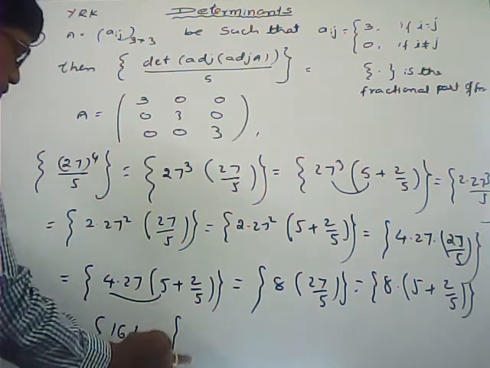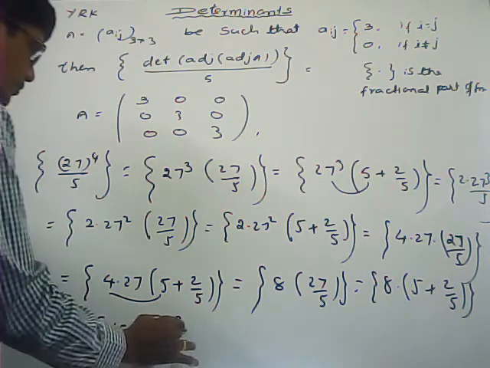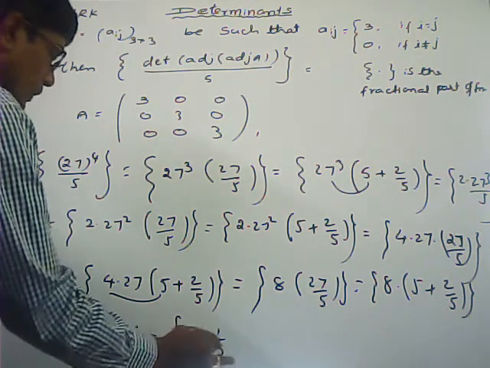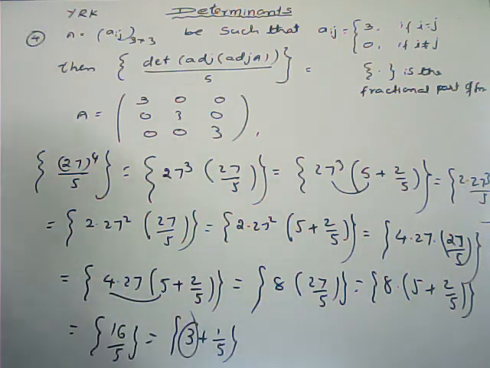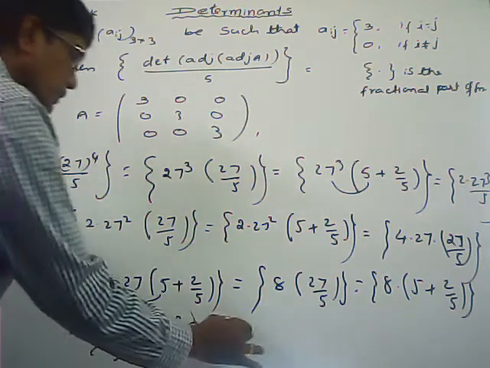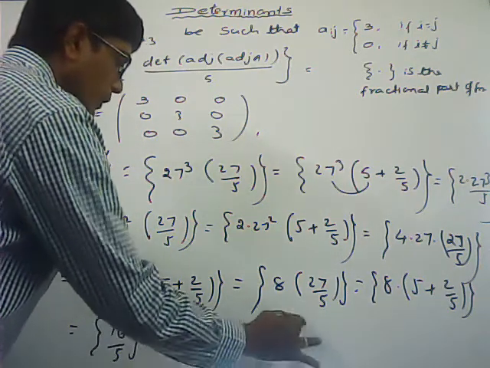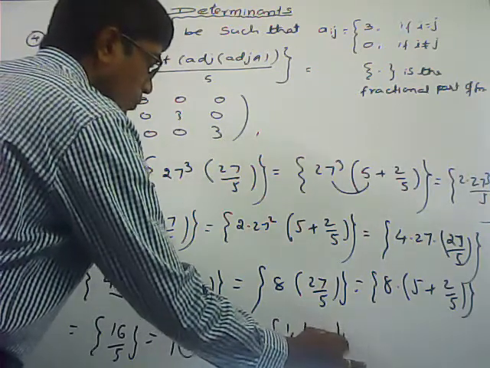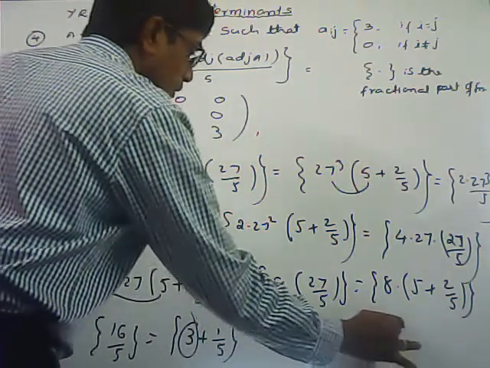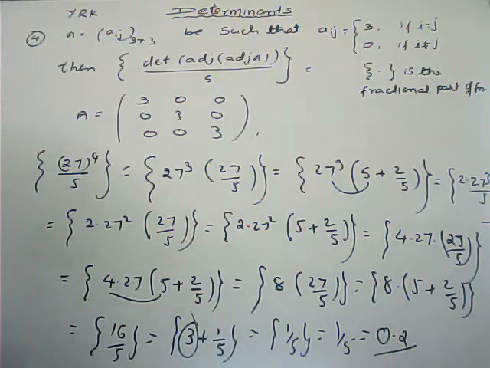That is equal to, how to write this one? 3 plus 1 by 5. i plus f, that is f only, equal to 1 by 5. The fractional part of 1 by 5 is equal to 1 by 5, that is equal to 0.2. But that calculation is very simple.